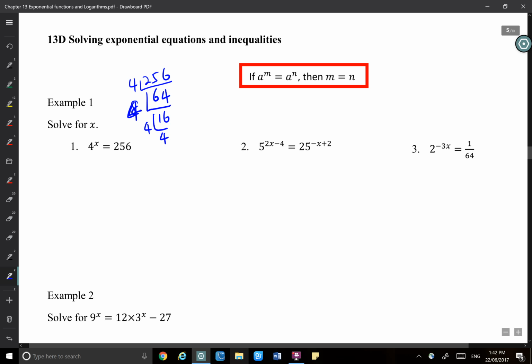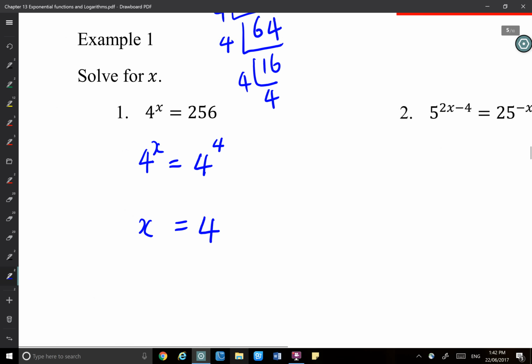There are 4 4s in 256. So 4 to the power x equals 4 to the power 4. And then using the rule above, x must be 4, because they already have the same base, then the power must be the same as well.